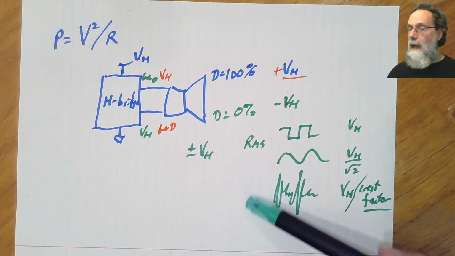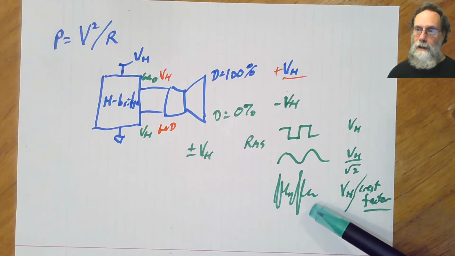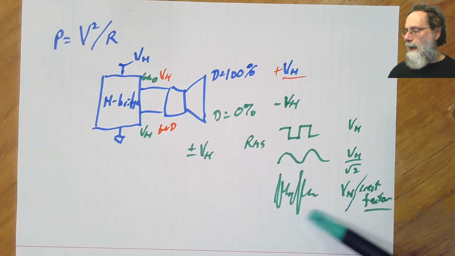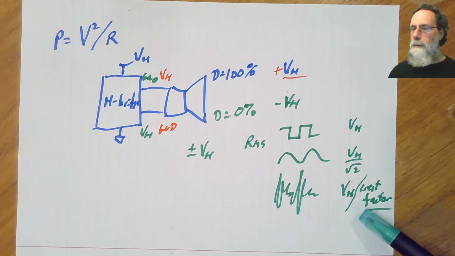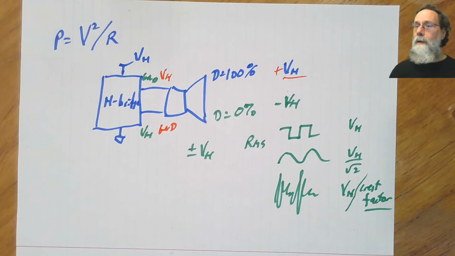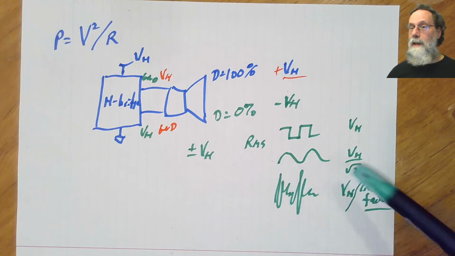Because a lot of the sound you're going to be doing, voice and music, has a fairly high crest factor. So you want to be able to get occasional large excursions, even though the average root mean square values are substantially smaller. So that's why we want to make it substantially louder than you might have thought if you were just doing calculations with sine waves.